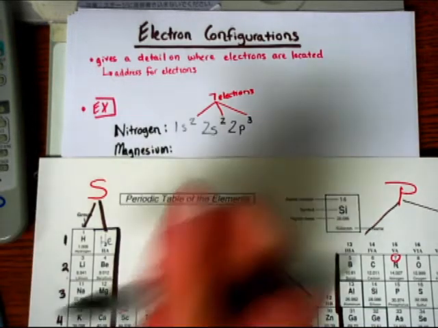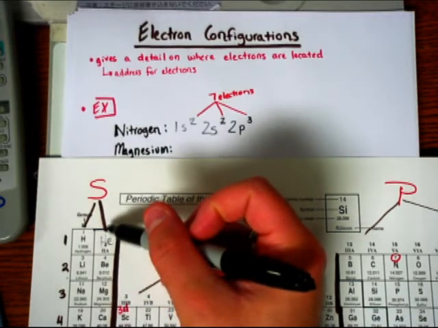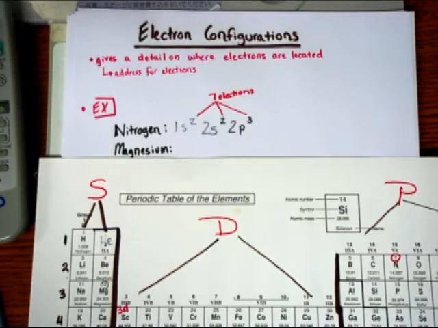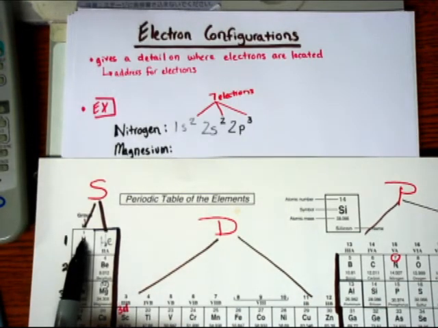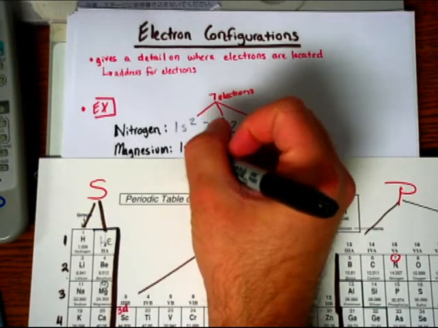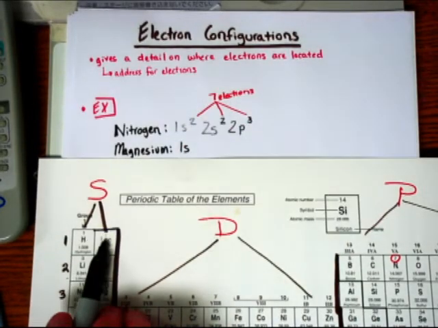If I had said valence electrons, you would have said 2, but I said just total electrons, so that's 12. So I need to draw a map to get to these electrons. What should come first? We start with 1, right? So what's the first one? 1s. How many electrons do I need for my 1s? I need both of them.